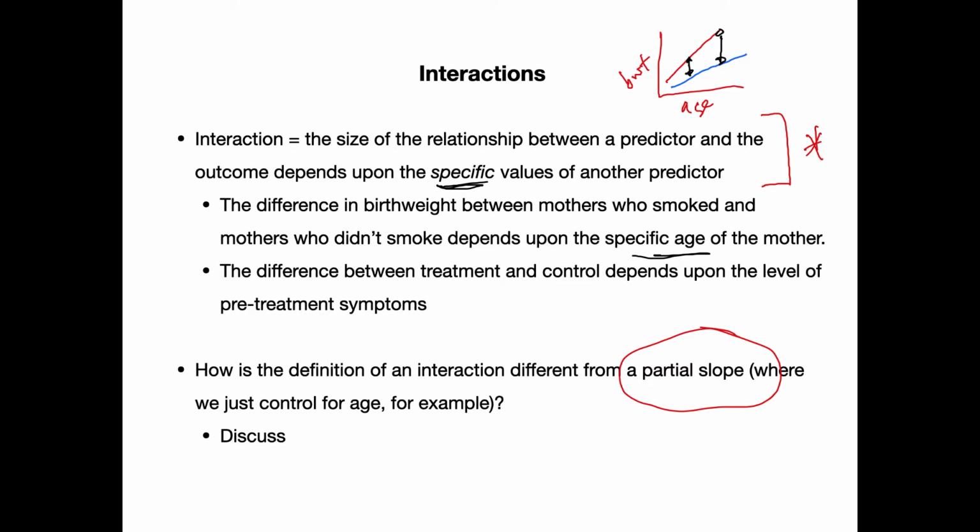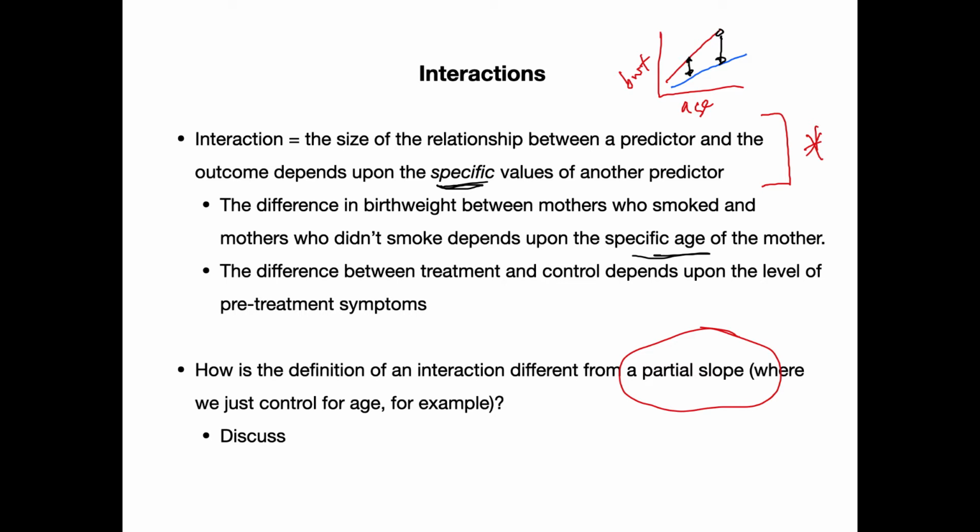When you're dealing with a partial slope, you're just controlling for the presence of another variable. So we're saying age has an important relationship with birth weight, smoking has an important relationship with birth weight, and we're going to control for whether they smoked or not. We're going to control whether it's there or not in our model. That's what a partial slope does. It's just the presence of a variable.